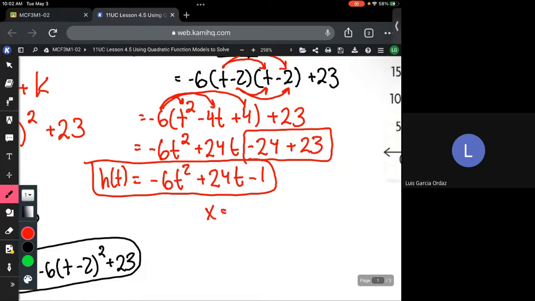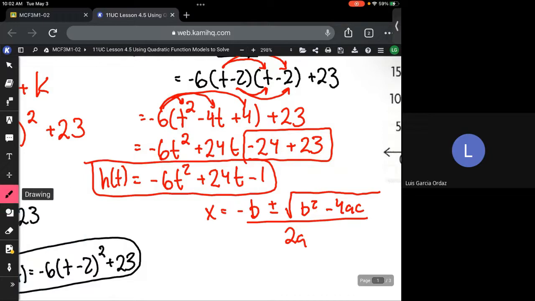So x is equal to negative b plus or minus the square root of b squared minus 4ac, divided by 2 times a. So we're going to have a, b, and c. What's my a? Negative 6. What's b? And what's c?